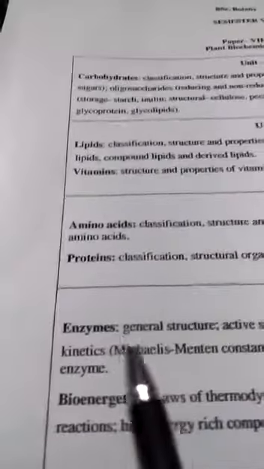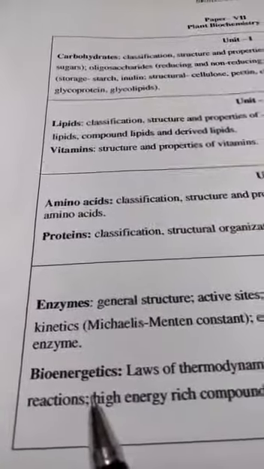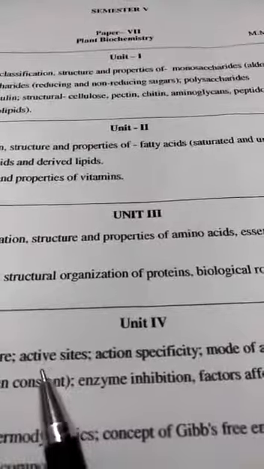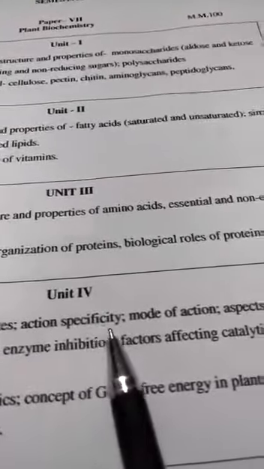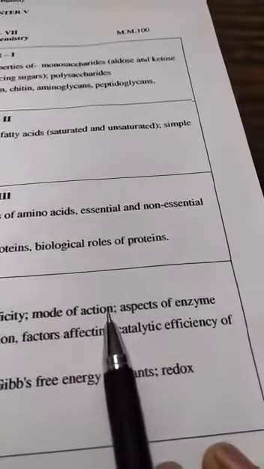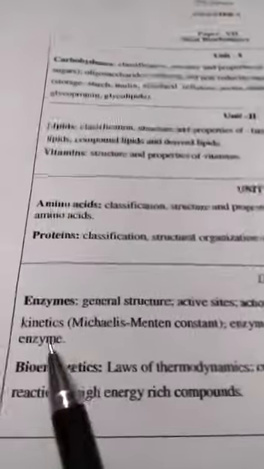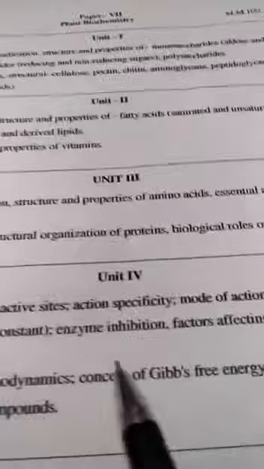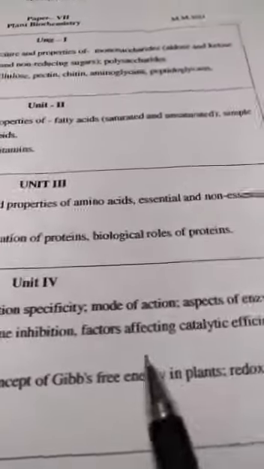Unit 4 includes enzyme and bioenergetics. There is general structure of enzymes. You have to study the active site, action specificity, mode of action, aspects of enzyme kinetics, Michaelis and Menten constant, enzyme inhibition, and factors affecting catalytic efficiency of enzymes.